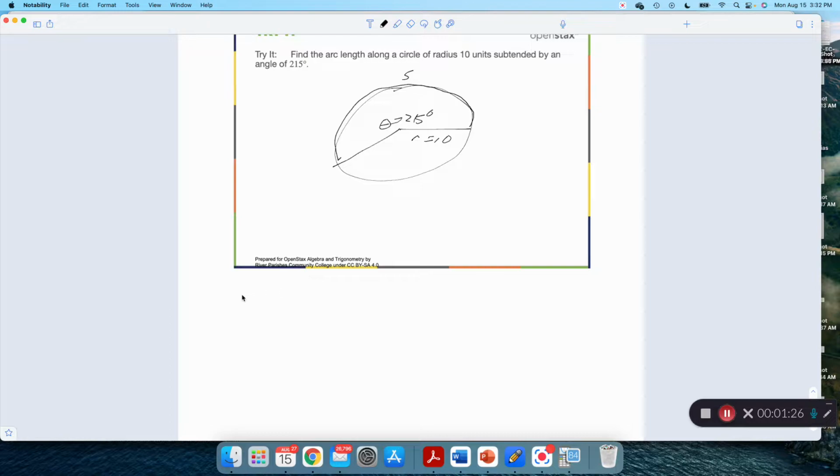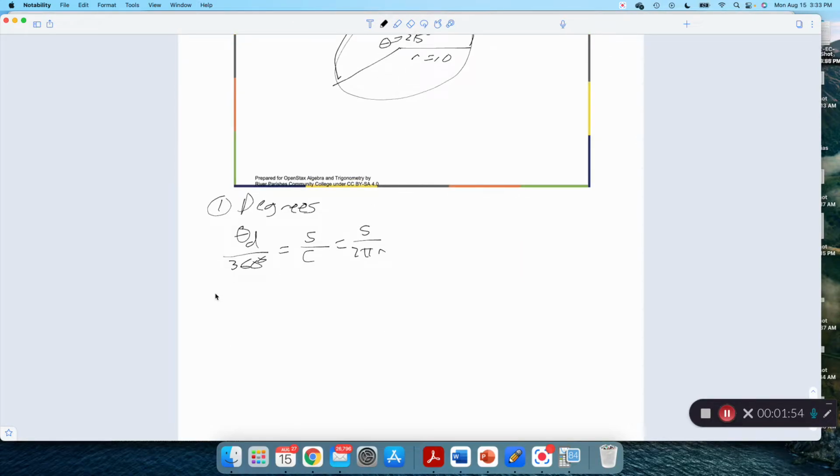I could, method number 1, do this in degrees, because they gave me degrees. And I could say the angle in degrees out of 360 is the arc length I'm looking for, S, out of all the way around the circumference, which we know is 2 pi r.